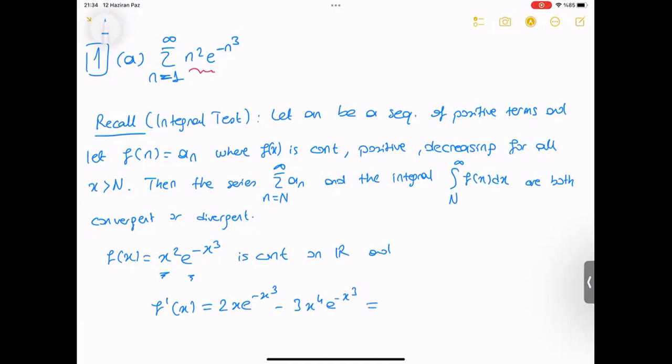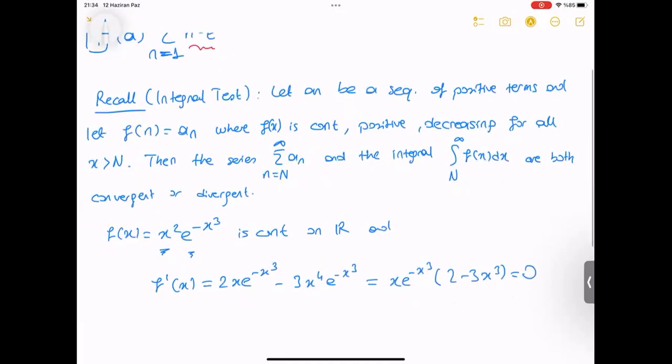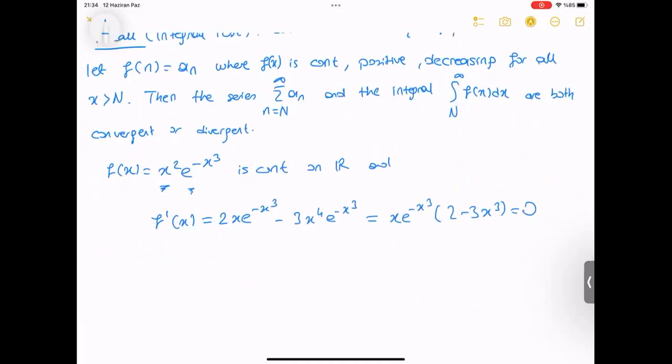Let's write it in this form. If we equalize it to 0, we find the critical points: x equals 0, or this factor is equal to 0, which gives x equals the third root of this.